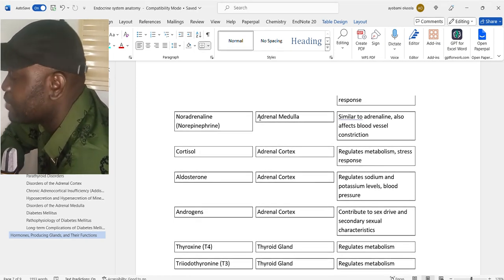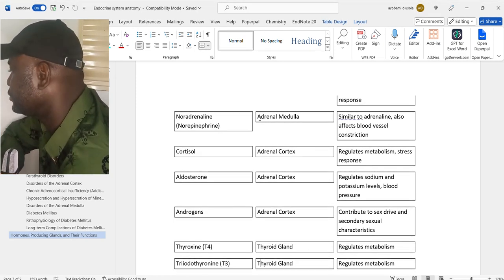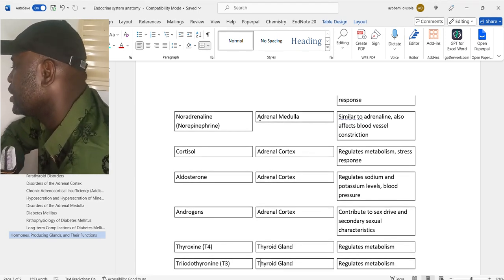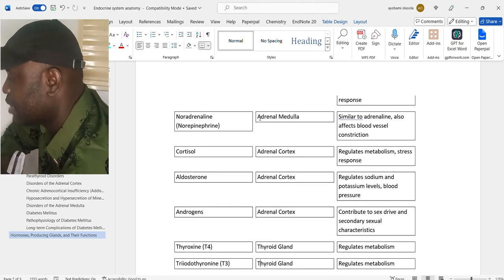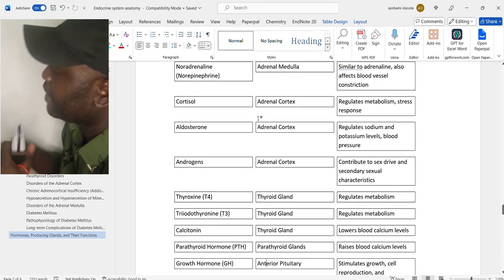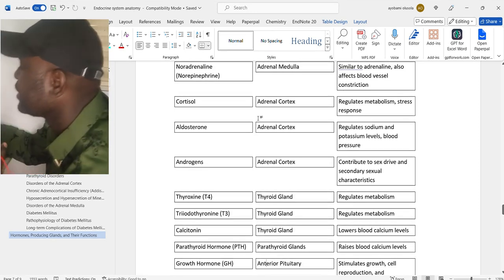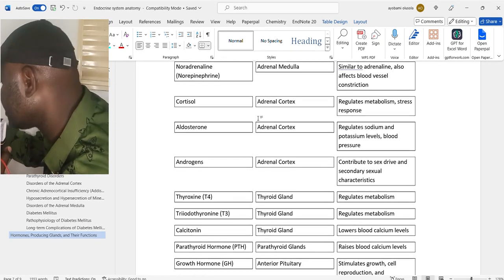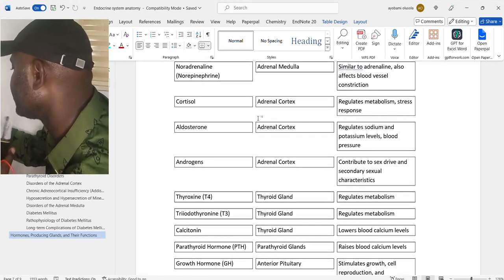Aldosterone is produced by the adrenal cortex. It's a mineralocorticoid too. It regulates sodium and potassium levels and blood pressure. Androgens are also produced by the adrenal cortex, and they contribute to sex drive and secondary sexual characteristics.